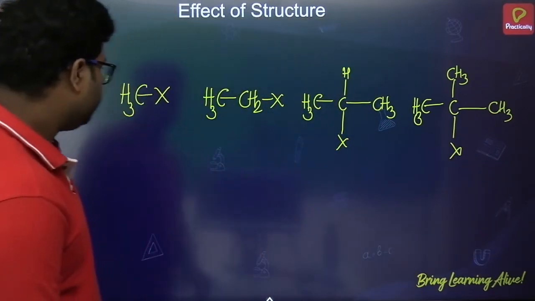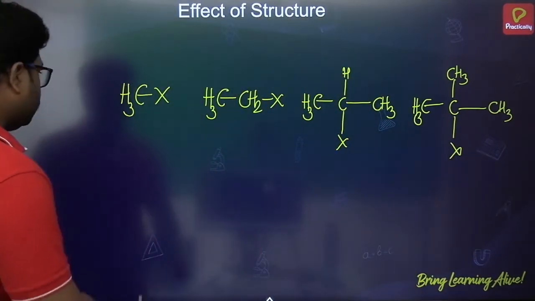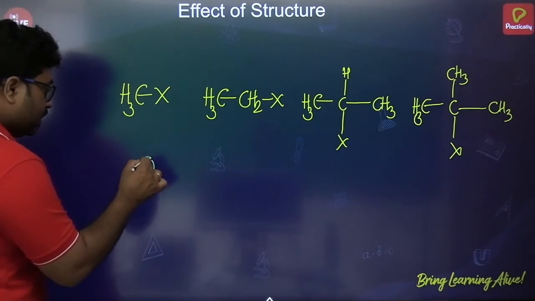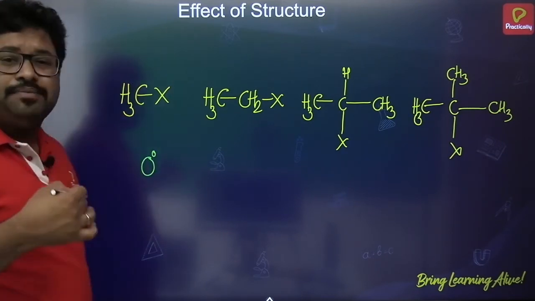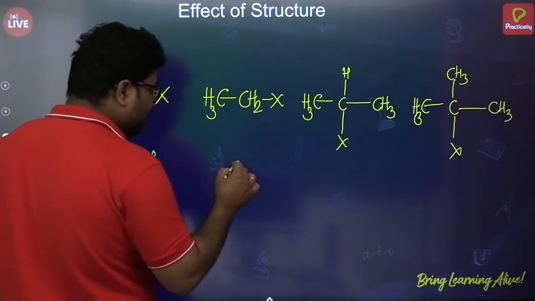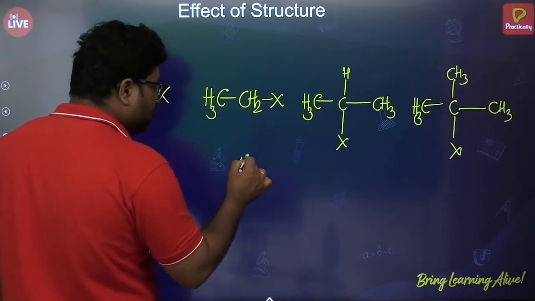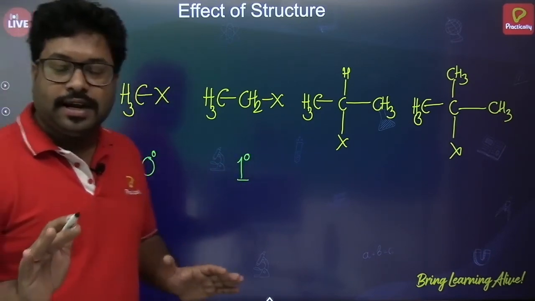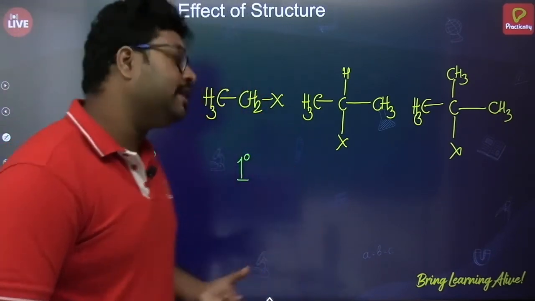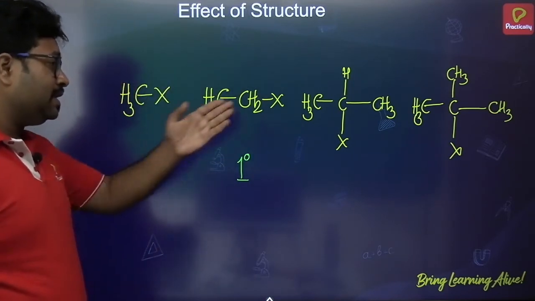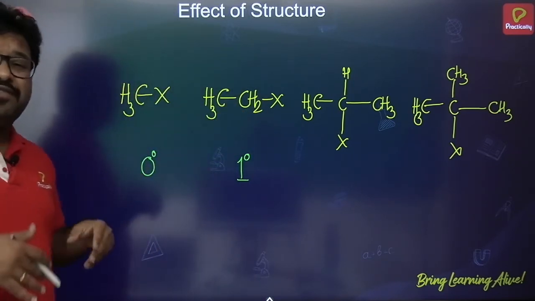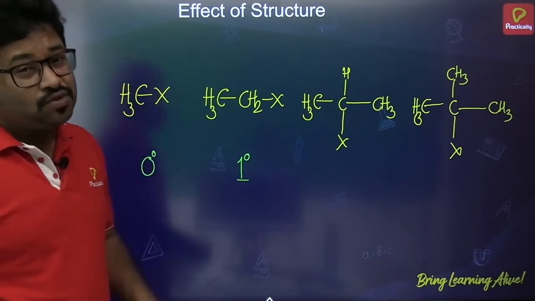So this is your 0 degree. I would rather call the methyl alkyl halide a 0 degree, because people generally call it a methyl alkyl halide, but these are 3 degree, 2 degree, 1 degree. If I write that as 0 degree, it will be better to understand.